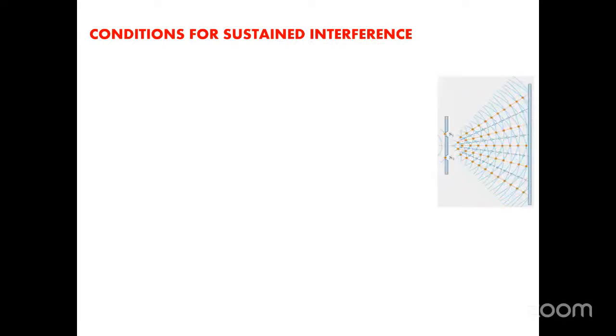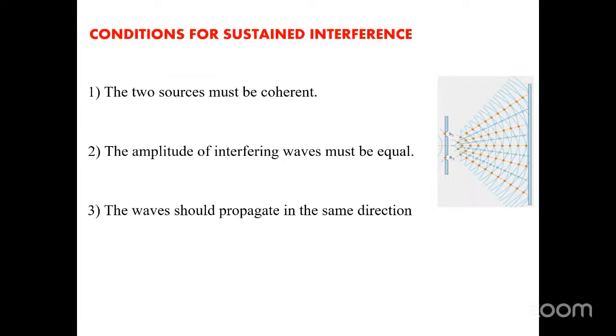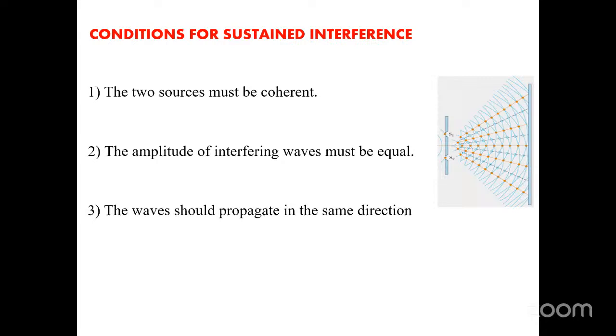So what are the conditions for sustained interference? The two sources must be coherent. The amplitudes of the interfering waves must be equal. The waves should propagate in the same direction. Okay.